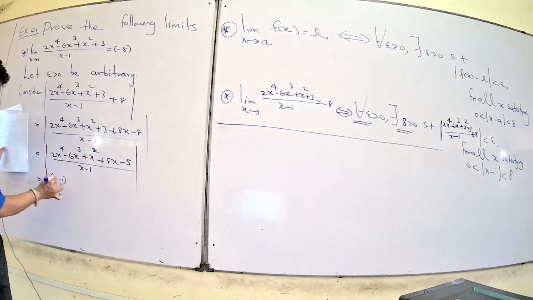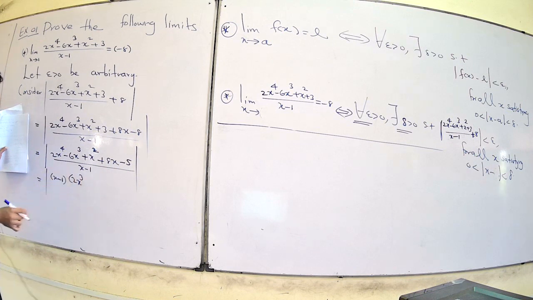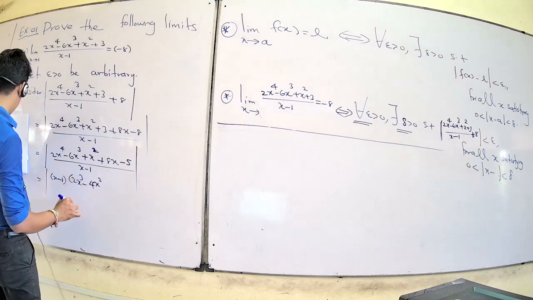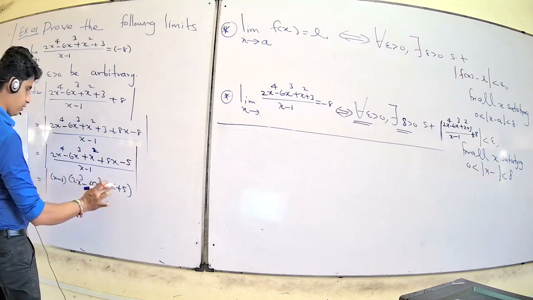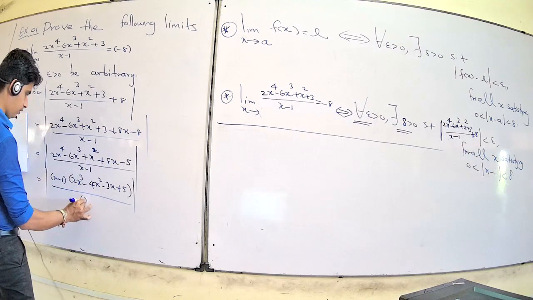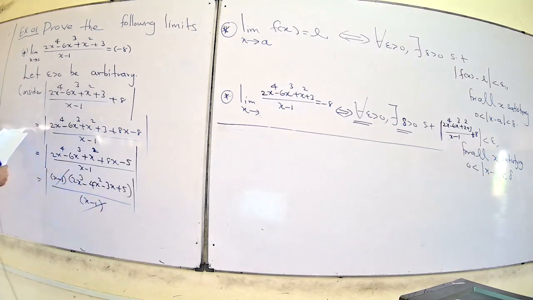You already studied how you can factorize: x minus 1 times (2x cubed minus 4x squared minus 3x plus 5), over x minus 1. Now you can cancel the term x minus 1.